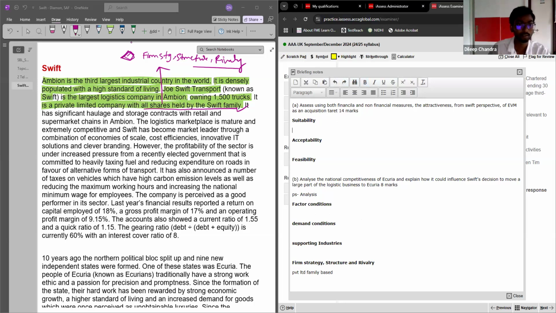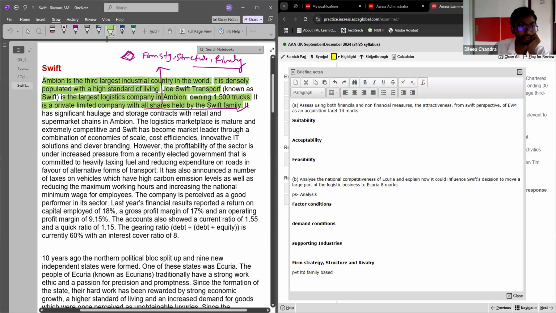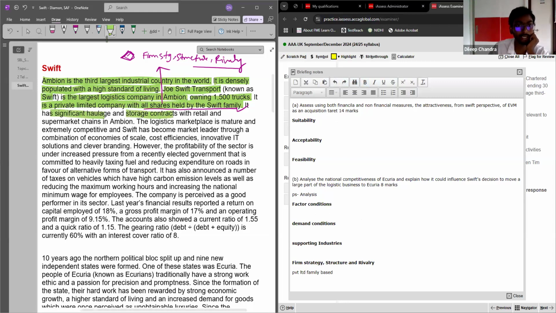It has significant haulage and storage contracts with retail and supermarket chains in Ambien. See, this haulage means something related to transportation of goods from one place to another place.